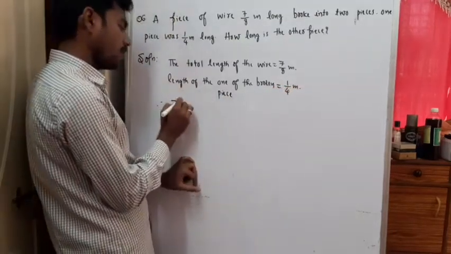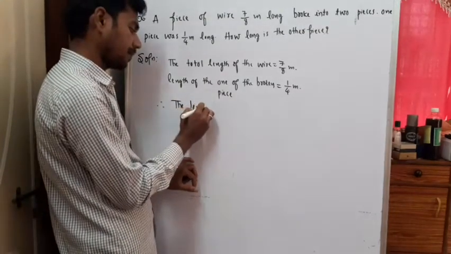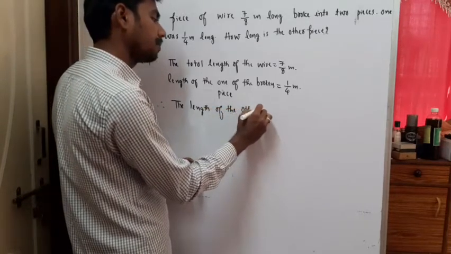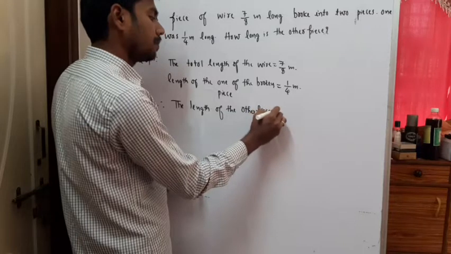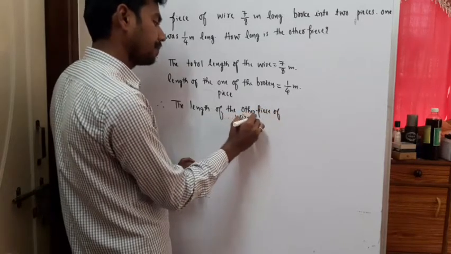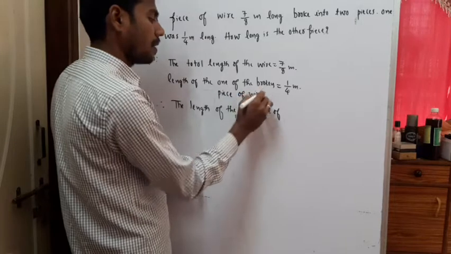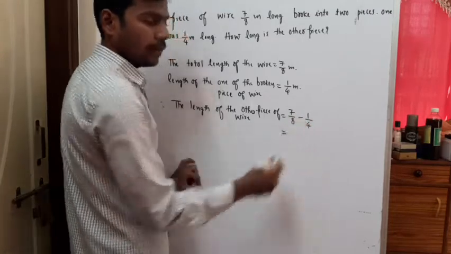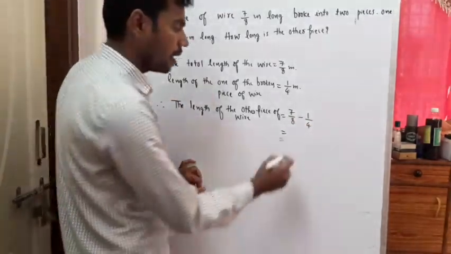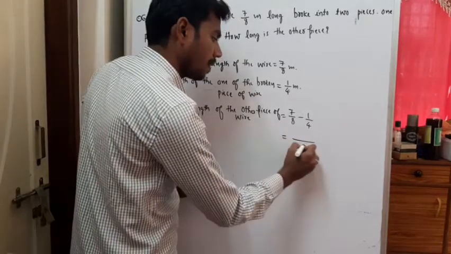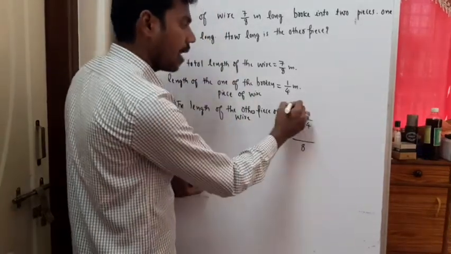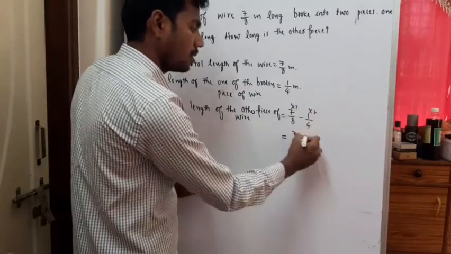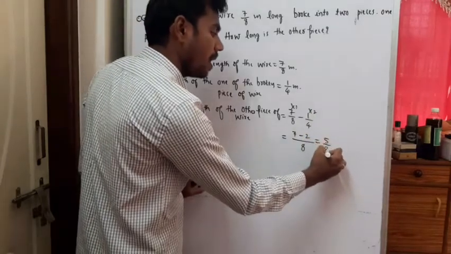Therefore, the length of the other piece of wire is equal to 7 by 8 minus 1 by 4. 8 and 4, 8 is the multiple of 4, then 8 is the LCM. 8 1s are 8, 4 2s are 8. 7 1s are 7 minus 2 1s are 2, which is equal to 5 by 8 meter.